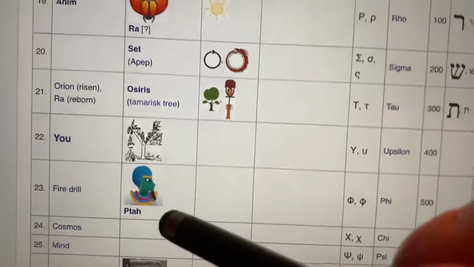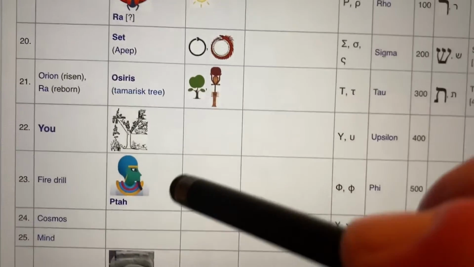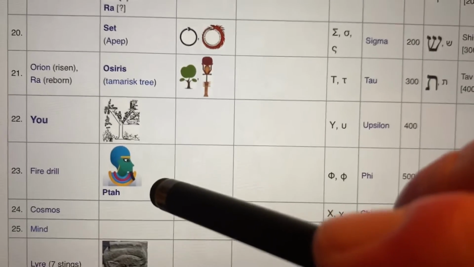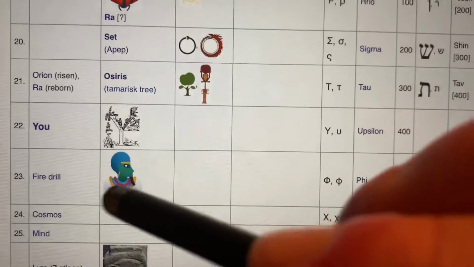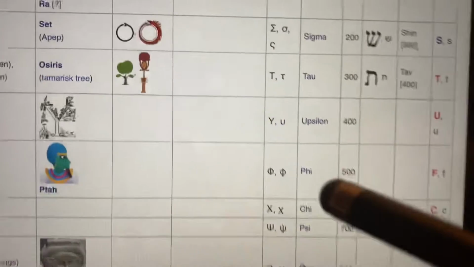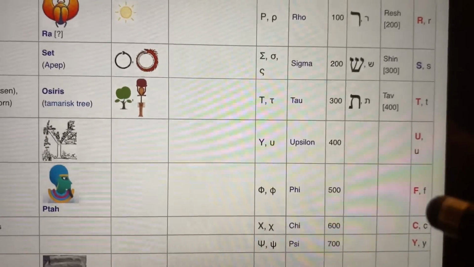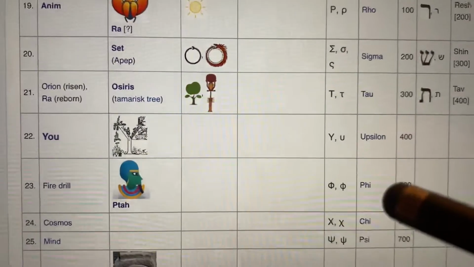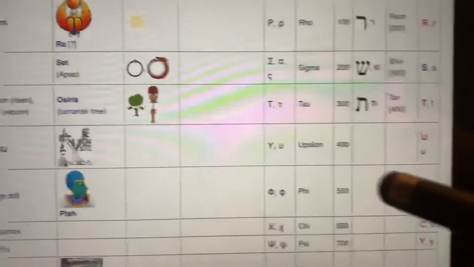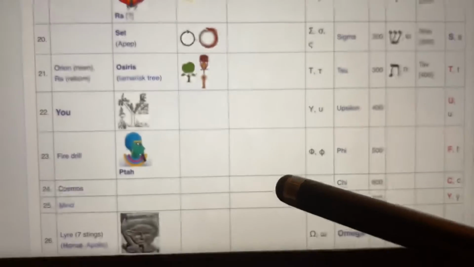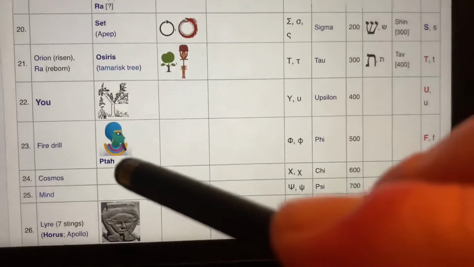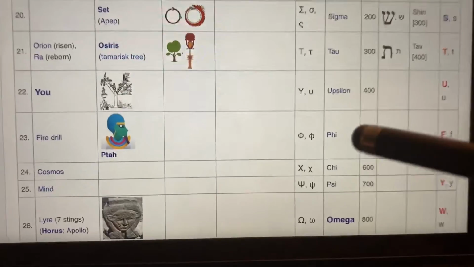The 23rd letter comes from Ptah, the Egyptian maker of the golden egg of the sun and the fire drill, which yields a Phi cipher. And all the letters have fire and philosophy, friction, and the reason for this is that Phi and Ptah both have the same alphanumeric value.